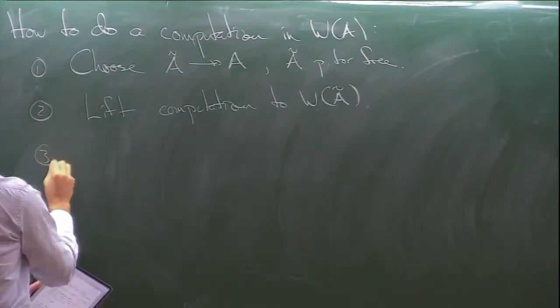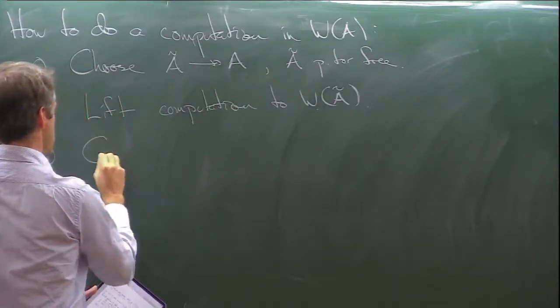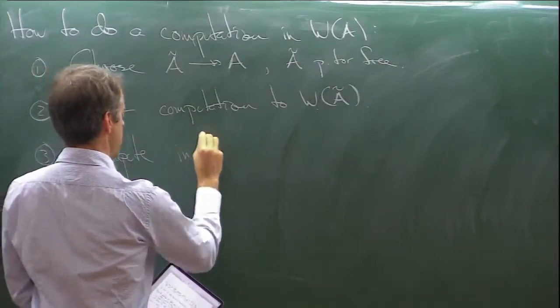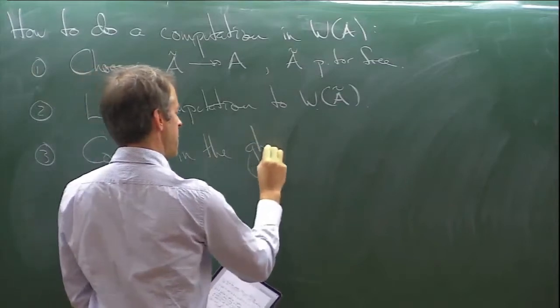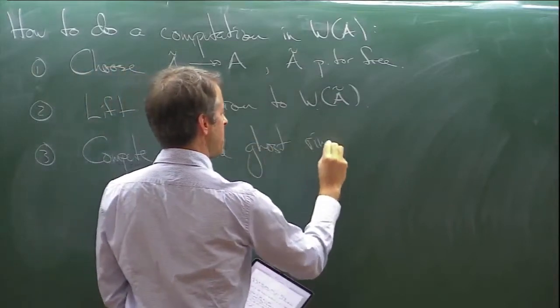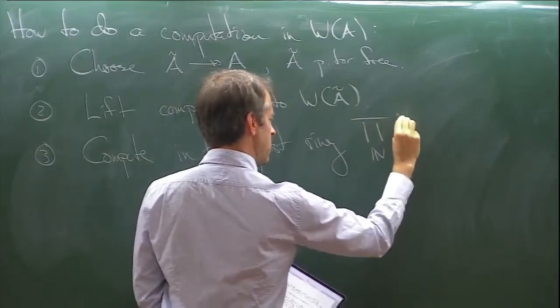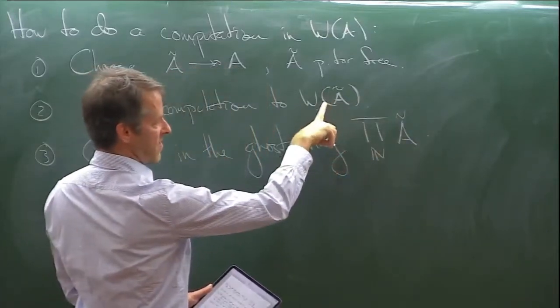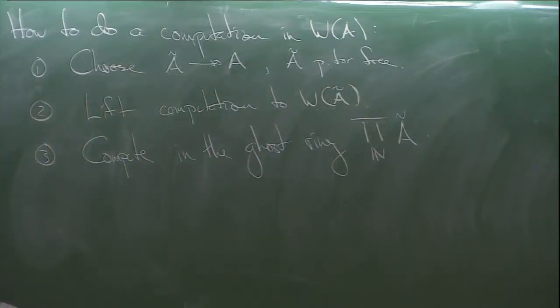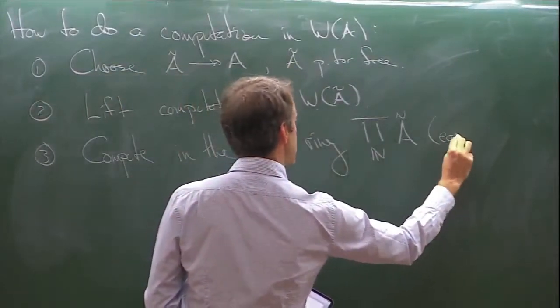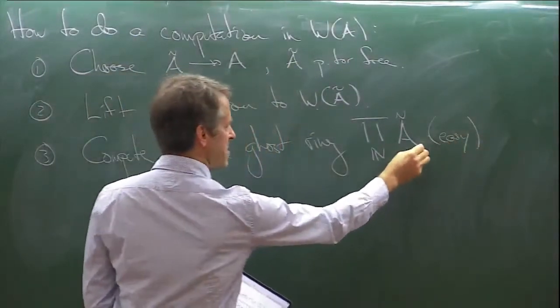Three, compute in the ghost ring. So this Witt vector ring is a subring of that. You can do whichever computation you want in the ghost ring. This is easy. This is the whole point of the procedure. If you like, the key step is the easiest one.